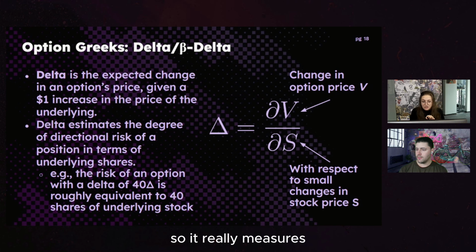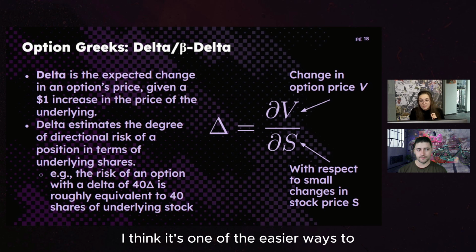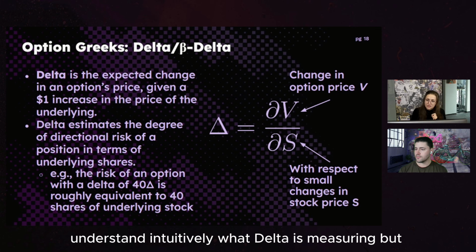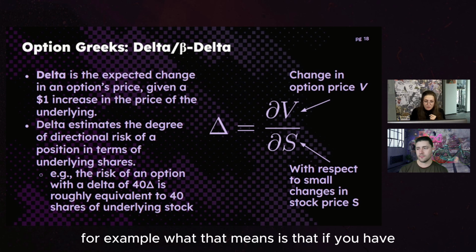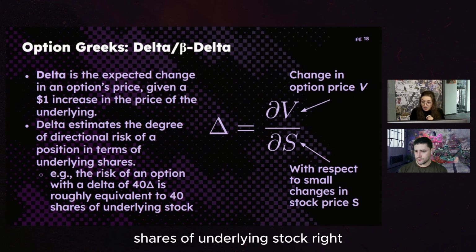So it really measures the degree of directional risk of a position in terms of underlying shares. This is something called share equivalency. I think it's one of the easier ways to understand intuitively what delta is measuring. For example, if you have an option with a delta of 40, an option with 40 delta has about the same risk as 40 shares of underlying stock, right?